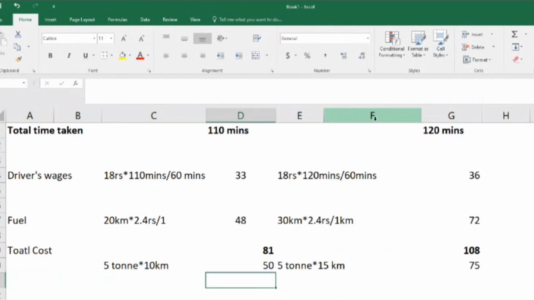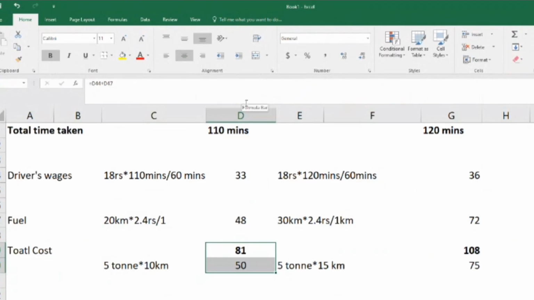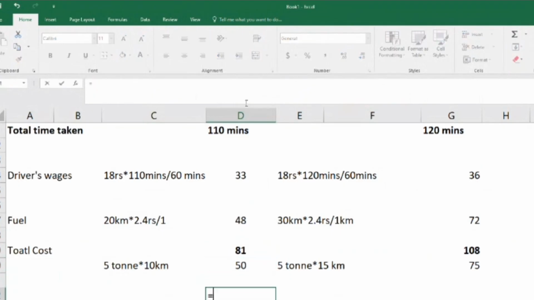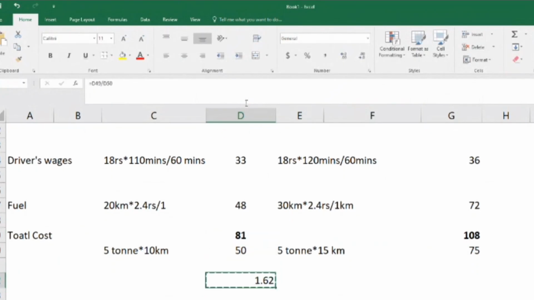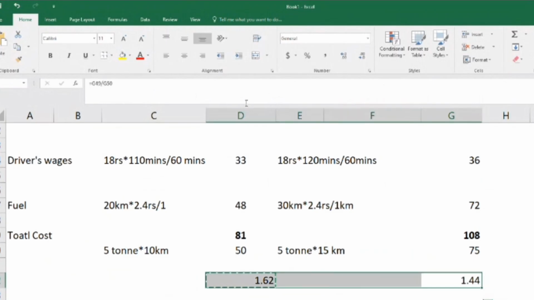So if you divide the cost by the kilometers, you are receiving per kilometer this much cost you are incurring, 1.62 and 1.44.